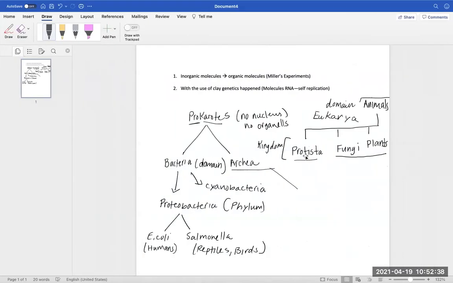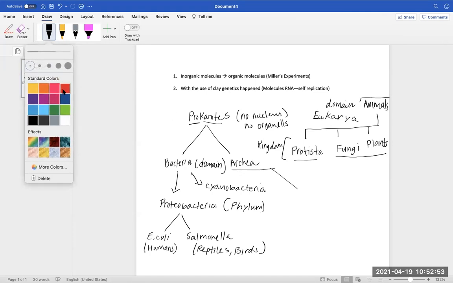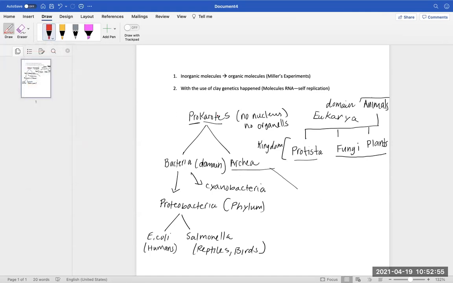So for the first group, for Protista, we're talking about algae, mainly the ones that do photosynthesis.